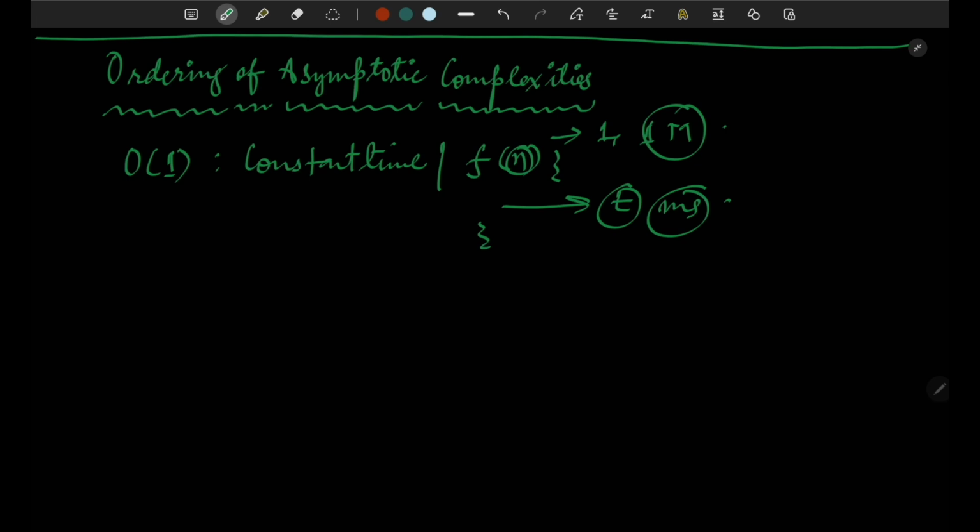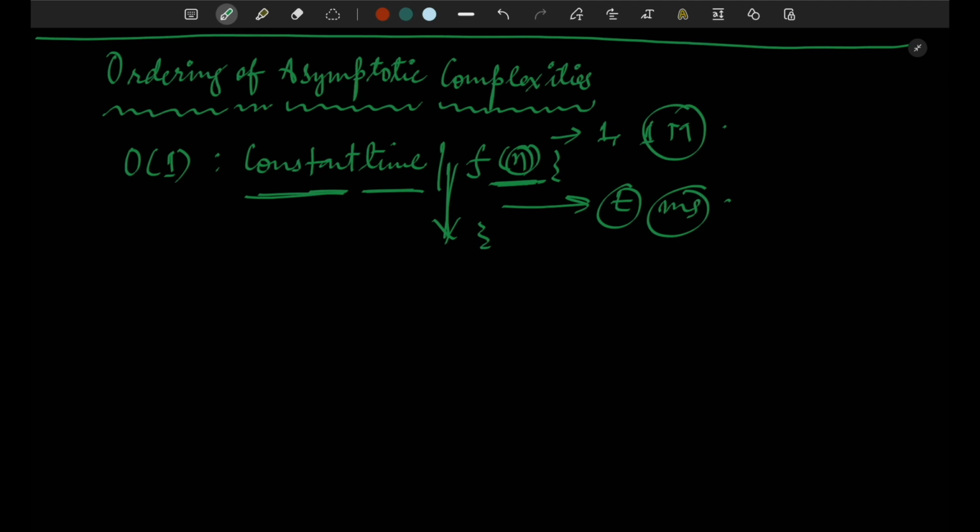So basically the time taken to run this algorithm is not going to change with the change in the input size, the input value rather, right? So this is what we mean by the constant time. This is the most desired and the least practical asymptotic complexity. So essentially you get the idea. Everyone desires to have this kind of asymptotic complexity, but it is not practical to get for most of the use cases.